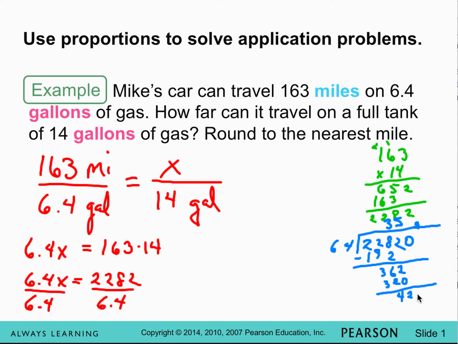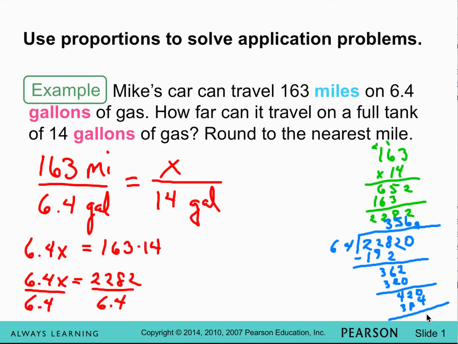Let's subtract and bring down. 6 goes into 42 7 times, but again, I know that's going to be a little too much, so let's do 6. 6 times 4 is 24. 36, so 38.